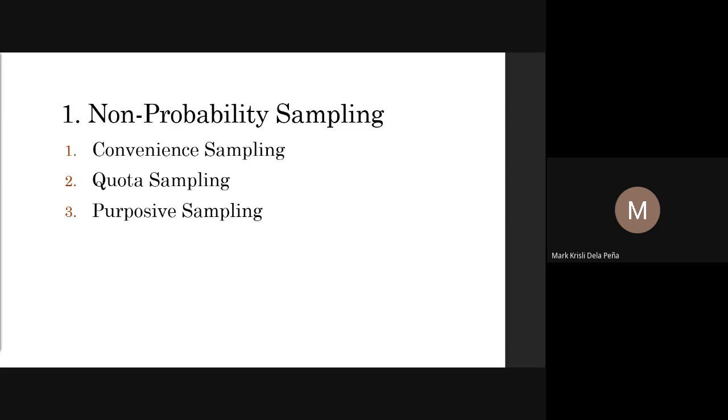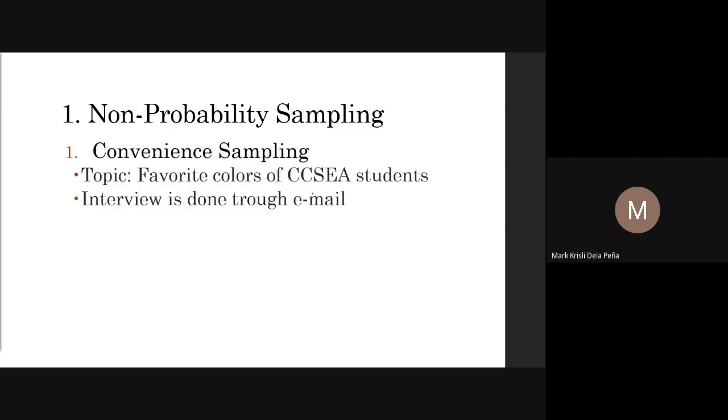So you will have purposive sampling. These are examples of non-probability sampling techniques. Here are the pros and cons and examples.